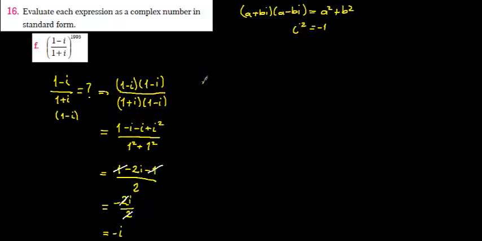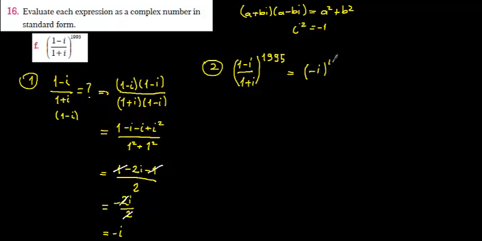So (1 minus i) over (1 plus i), to the power of 1995, is going to be equal to minus i to the power of 1995, since we found that the fraction is equal to minus i.